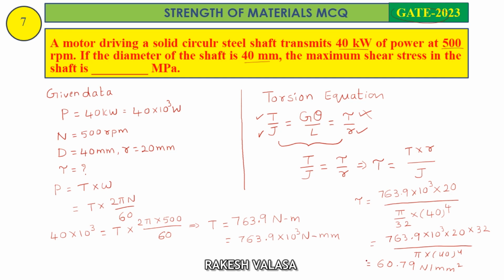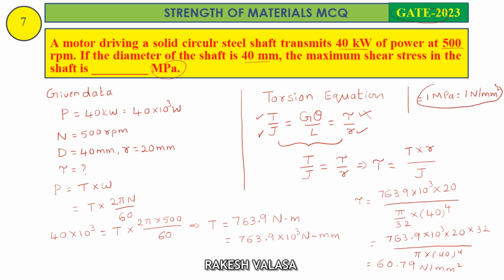But in the given question, he asked to find the maximum shear stress in the shaft in megapascal. He asked for that in terms of megapascal. So you can convert this into megapascal. We know that 1 megapascal equal to 1 Newton per mm square.